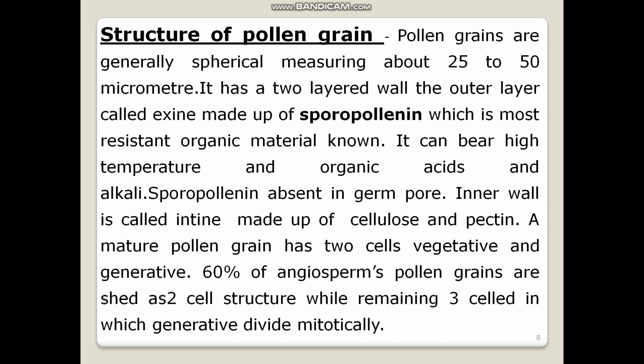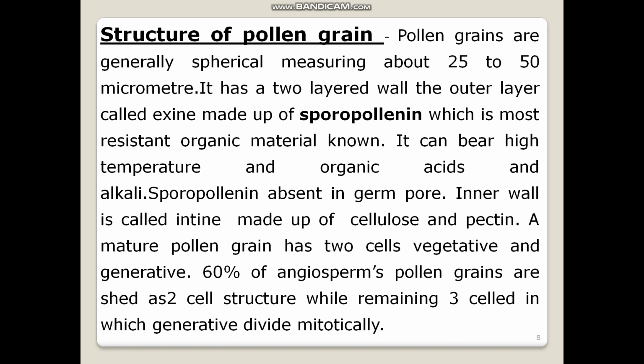You have already heard that some pollen grains are present as fossils also. So how are they preserved? Due to the sporopollenin. It can withstand high temperature, organic acids and alkali, obviously, because it is a resistant organic material.